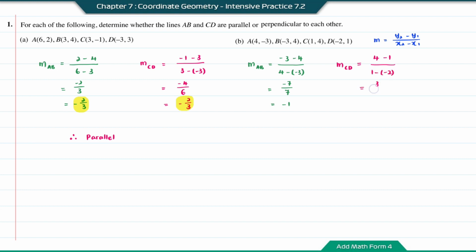So this is equal to 3 over 3, which is equal to 1. So here the gradient of AB is not equal to CD. So AB is not parallel to CD. And when we multiply the gradient of AB with the gradient of CD, this is equal to negative 1. Then AB is perpendicular to CD.